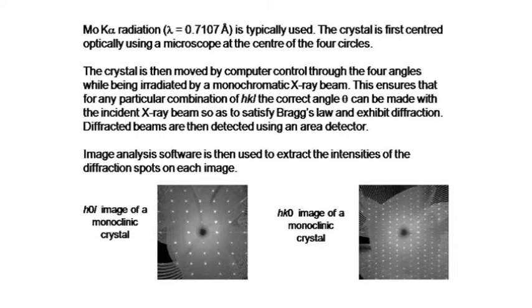I haven't told you about reciprocal space, but if you imagine that the spacings here are proportional to the inverse of the direct space. Direct space is what you can think of in your crystal. So atom A to atom B is 1 angstrom. In reciprocal space, that distance would be 1 over that. So 1 over 1 would still be 1, but 1 over 2 would be a half, for example.